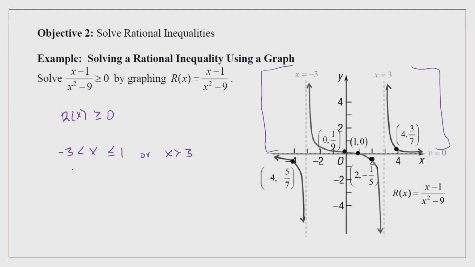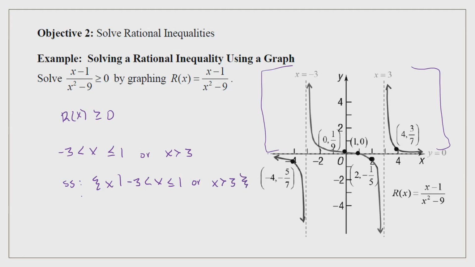As a solution set, we would write it as all x values where x is greater than -3, but less than or equal to 1, or x is greater than 3.